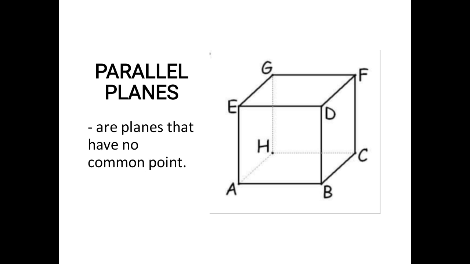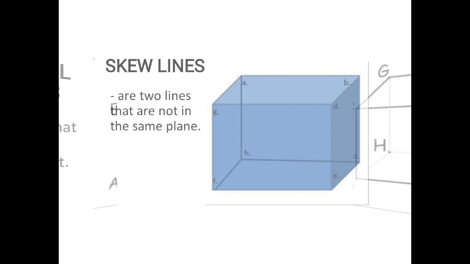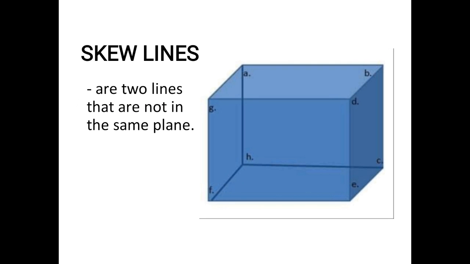Next, we have skew lines, which are two lines that are not in the same plane. For examples, line GF and line HC are skew lines.